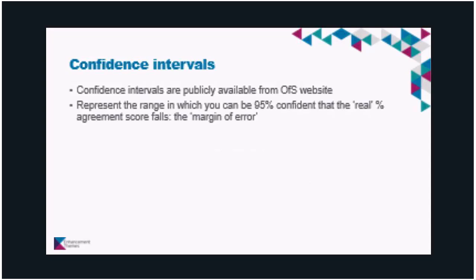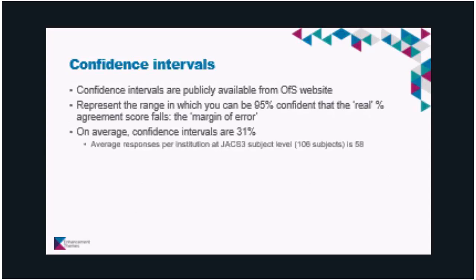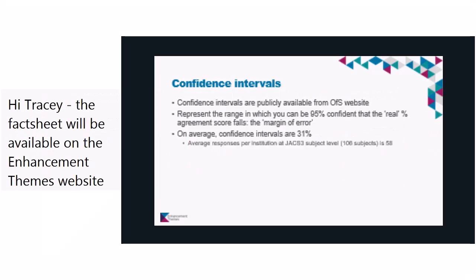So how big are the confidence intervals? So on average, I'm talking about JAC's 3 subject levels. This is the finest grain that you can have, which is normally the most useful. So that's 106 subjects for the JAC subject grouping. So the average institutional response is 58.